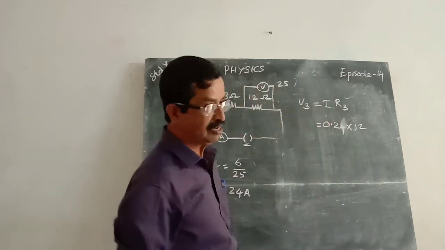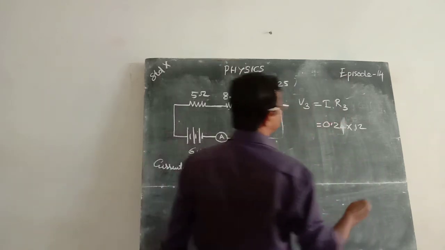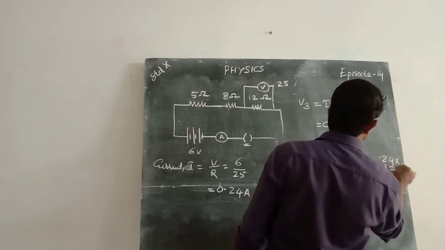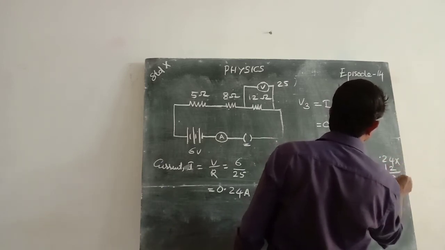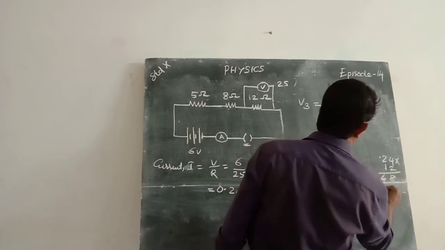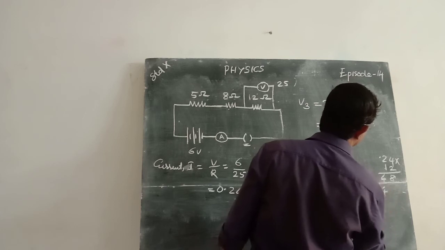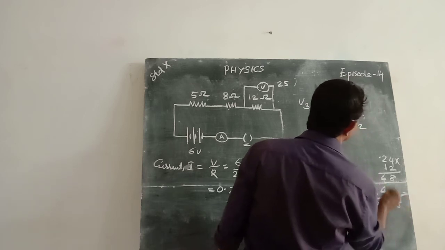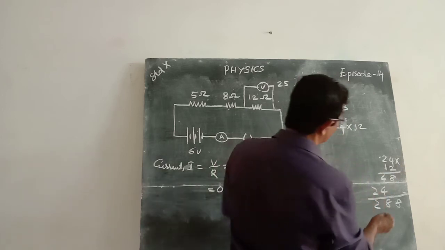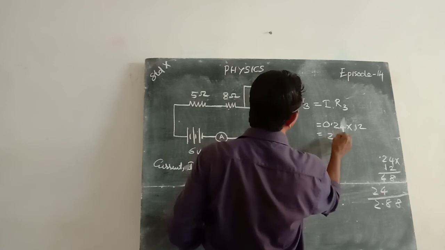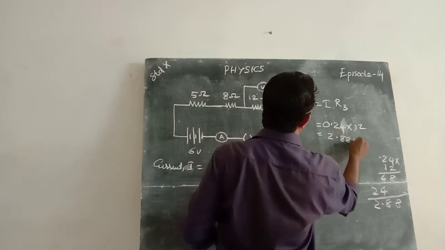How much will it be? 0.24 times 12, with two decimal places, is equal to 2.88 volt.